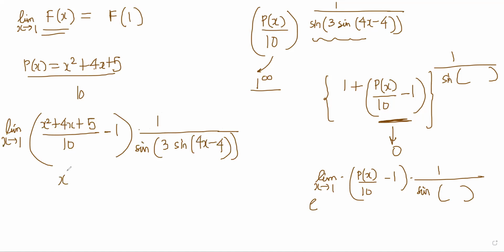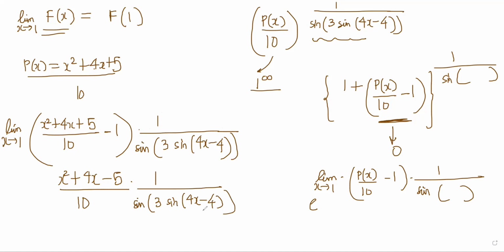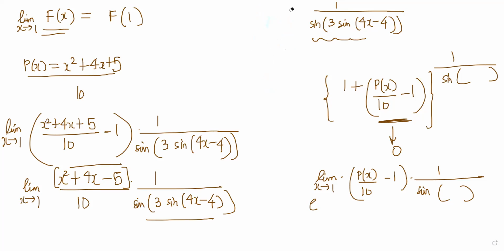So this becomes x square plus 4x minus 5 by 10 multiplied by 1 by sine 3 times sine 4x minus 4, right? So this thing actually tends to 0 by 0. So we can use L'Hospital's now in this limit because it is 0 by 0, right? So I will just use L'Hospital's here, and let's see what comes from that.